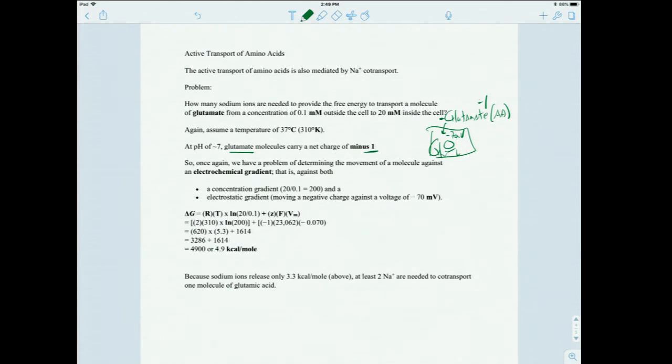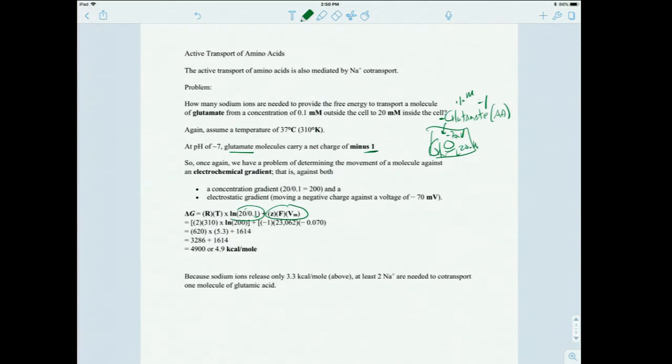Again, you can run the numbers. We have to calculate the amount of energy I'm going to need for the charge, and then the amount of energy I'm going to need for the concentration. In this case, we're doing 20 millimolar on the inside of the cell, 0.1 millimolar on the outside of the cell for glutamate. So 0.1 millimolar outside, and then inside is going to be 20 millimolar of amino acid.